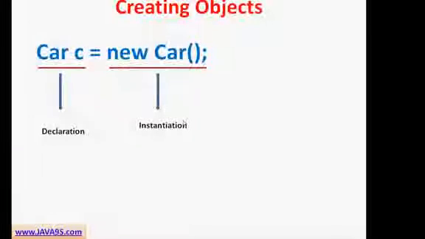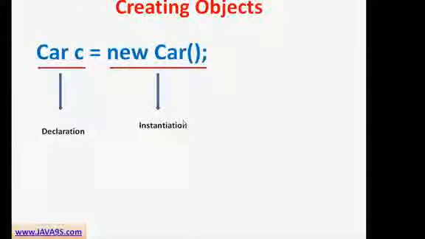The declaration part is more concerned with the compiler, and the instantiation part is more about how the object is going to run at runtime, or the JVM deals with this part of the instantiation side. So here you can see that the declaration is something like Car c.